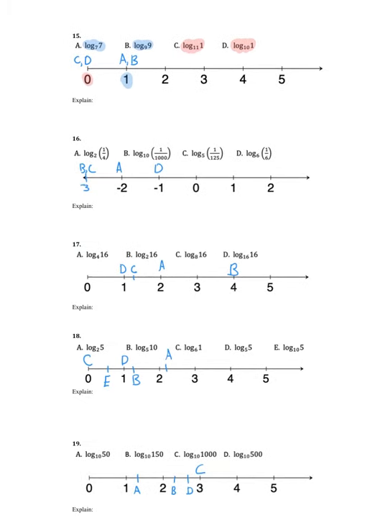So 17 is the first one where we saw a number that wasn't exactly on an integer value, because we end up with 8 to the question mark equals 16. We know 8 to the first power equals 8. We also know 8 to the second power equals 64. So that's how I chose my location for C. I know it's between 1 and 2 because those are my exponents.